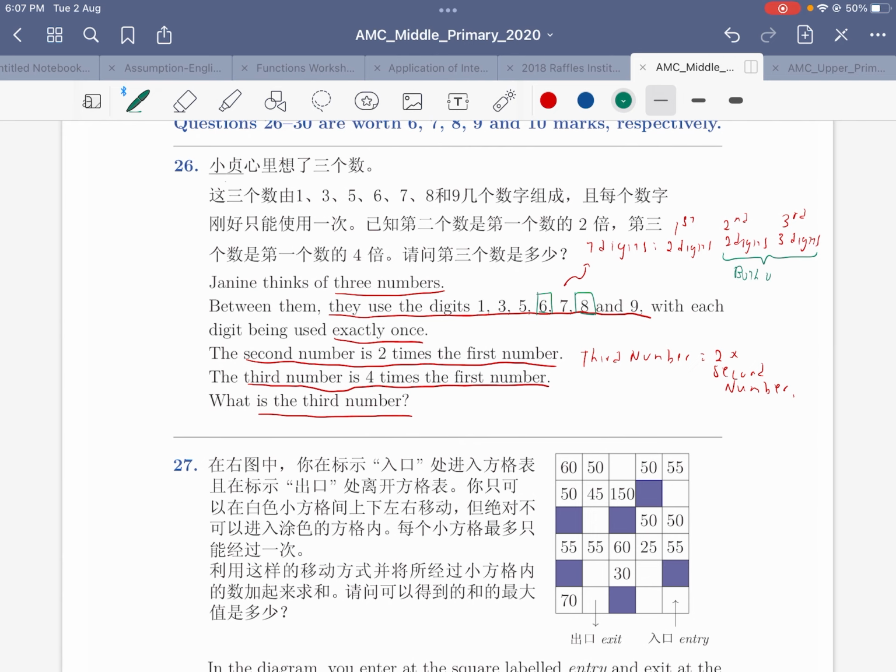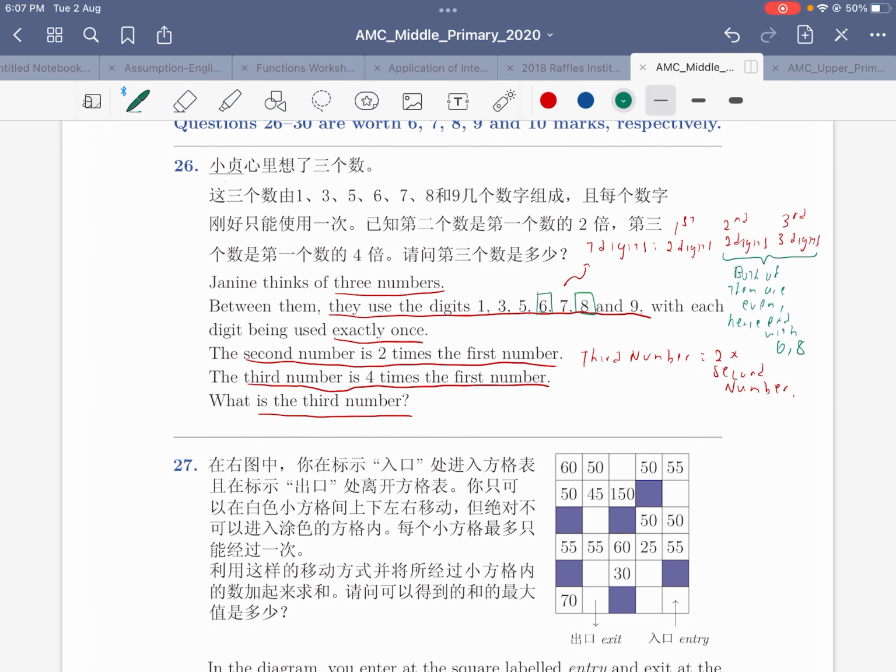Both of them are even. Hence, they end with 6 and 8, because each digit is being used exactly once.